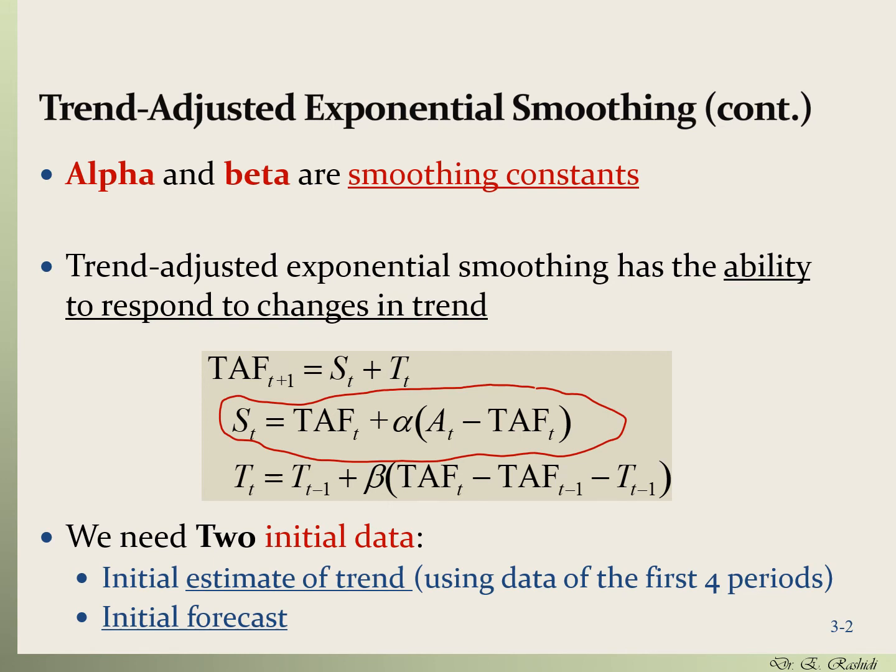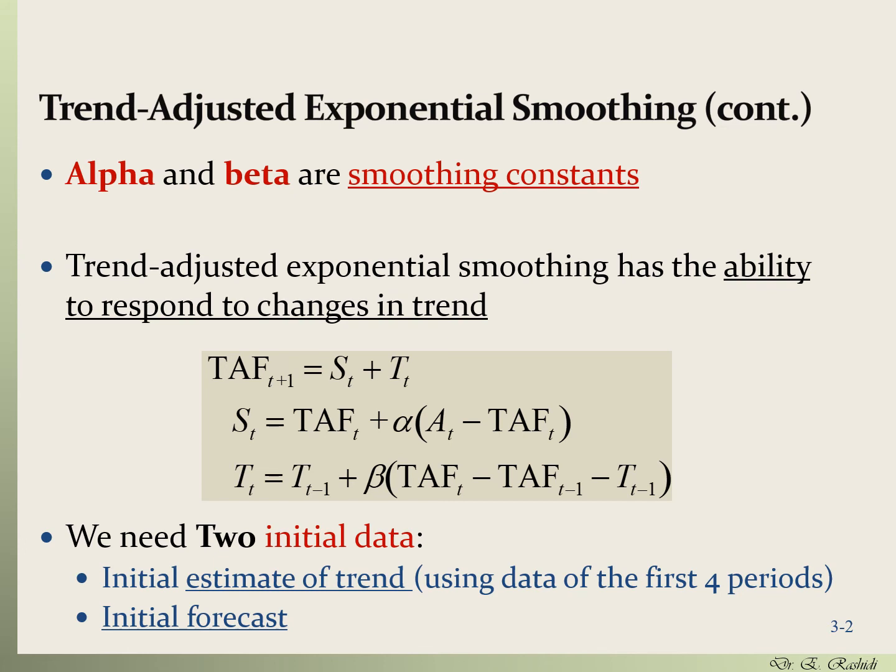So S of t is equal to the TAF for t, that means the forecast that you made using this formula when you were in t minus 1 for t, plus the smoothing constant alpha that you are familiar with from the exponential smoothing formula multiplied by the error. The error is the actual value for t minus the forecast for t.